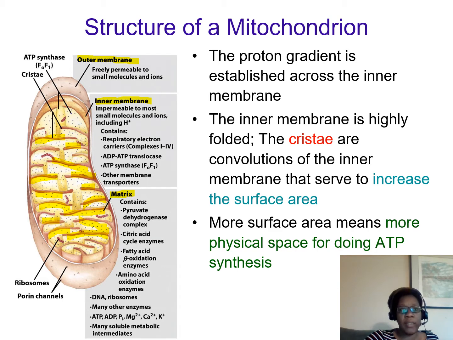So you have things that are created in the matrix that have to get across the inner membrane space, and things that are created in the cytosol that have to get across the inner membrane space so that they can actually synthesize ATP. So we'll see how those proteins that traverse the inner membrane space are involved in synthesizing ATP.